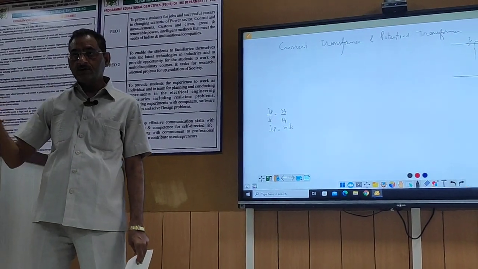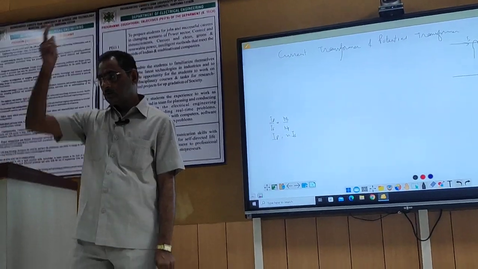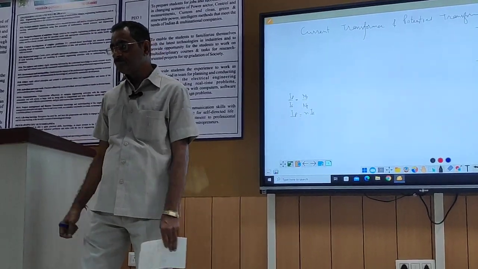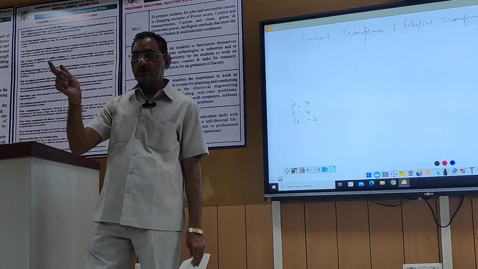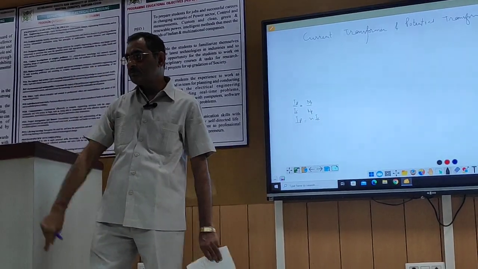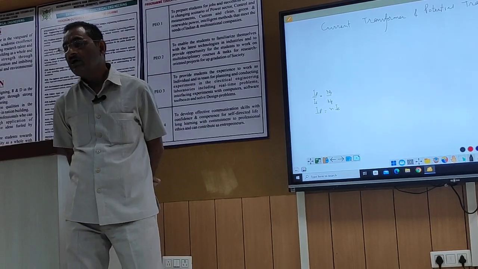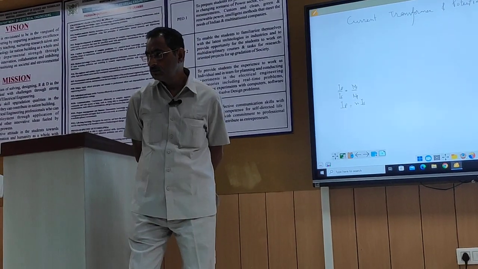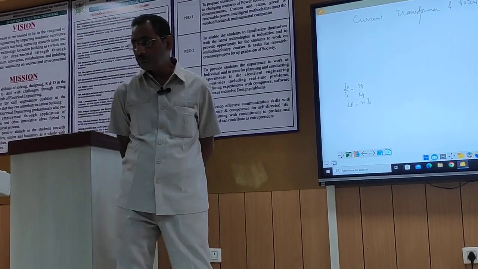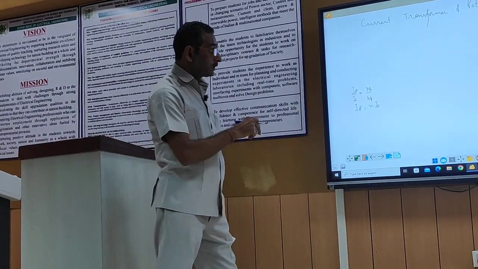If the ammeter shows 4 ampere, then what is the current in the primary side? If the secondary side ammeter is showing a reading of 4, then the primary side current is 800 ampere, and accordingly if it is 4.1, then it will be multiplied by 200. So now what is the actual?